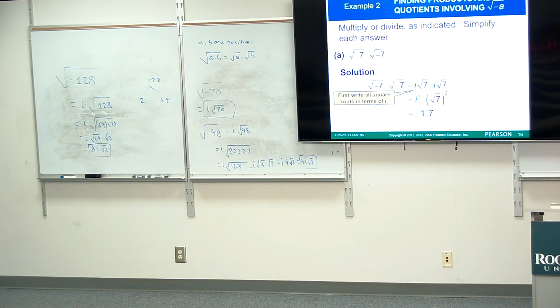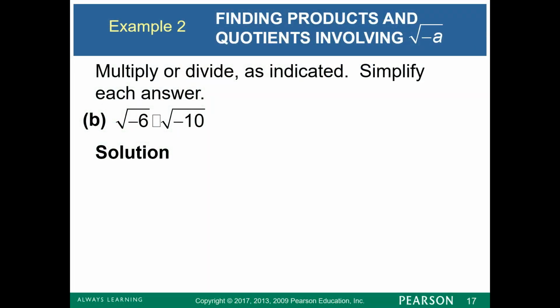Okay, we can do it. This is so simple, okay, guys? There is a typo here; this is a product: radical negative 6 times radical negative 10. Now, hey, look here.